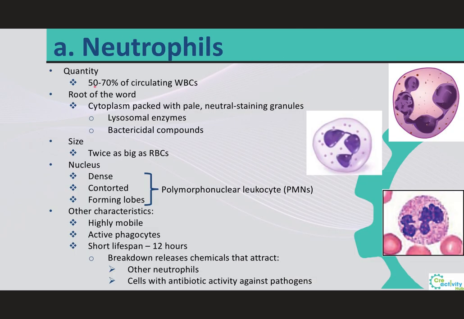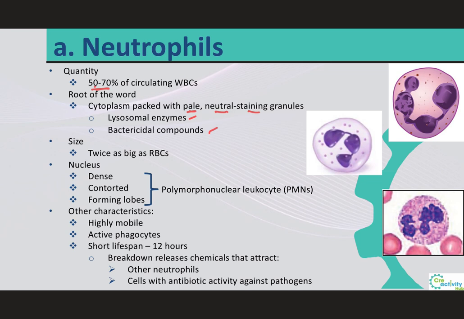Neutrophils represent about 50 to 70% of the circulating white blood cells. And like I said, they're called neutrophils because their cytoplasm is packed with pale, neutral staining granules containing lysosomal enzymes and bactericidal compounds, which are mainly bacteria-killing substances.